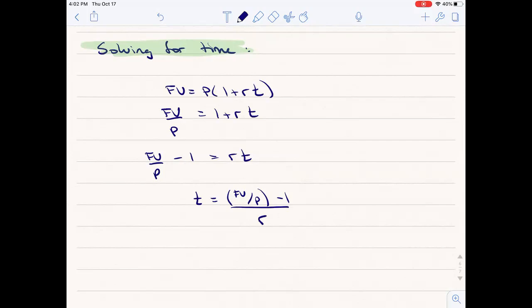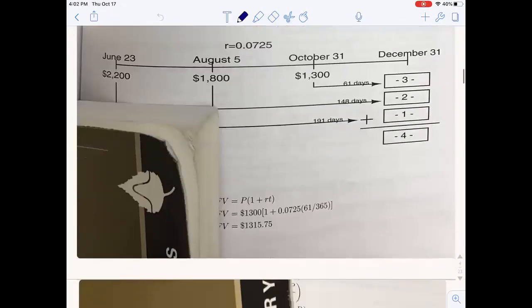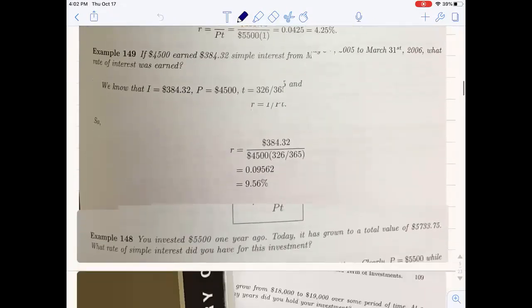All right. Let's do example 155, which I think is a really funny example, and you'll see why in a little bit.